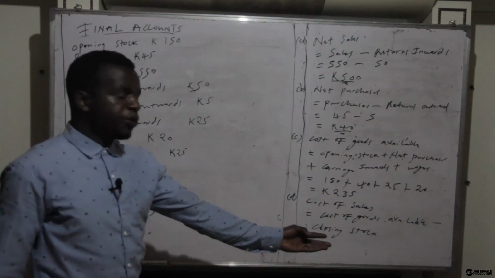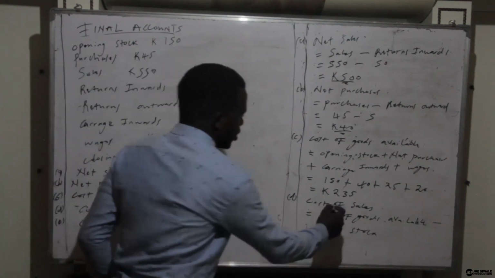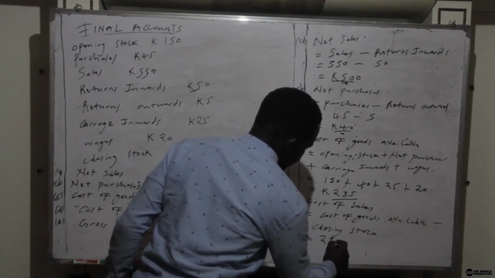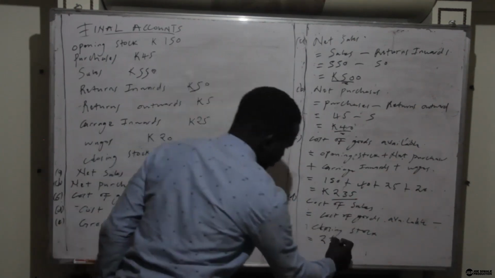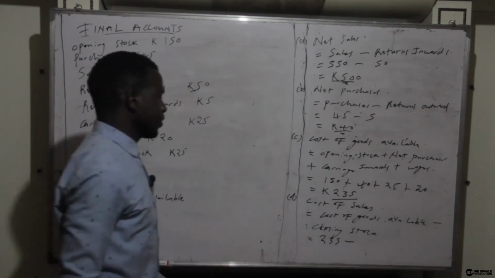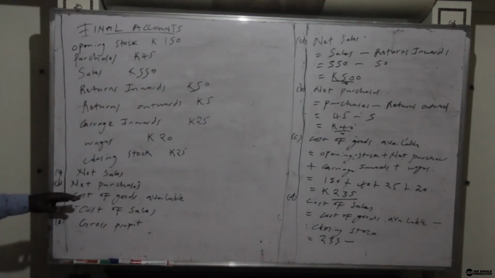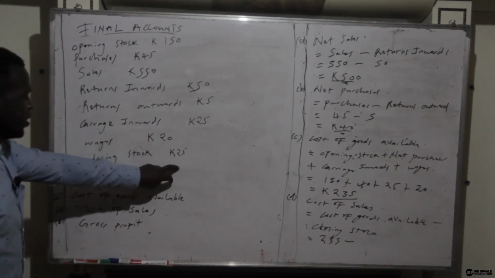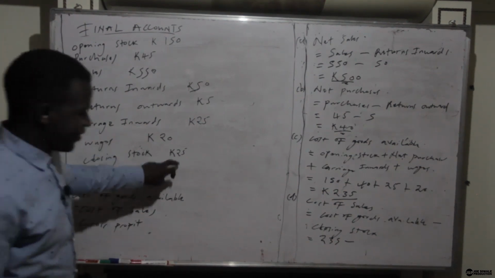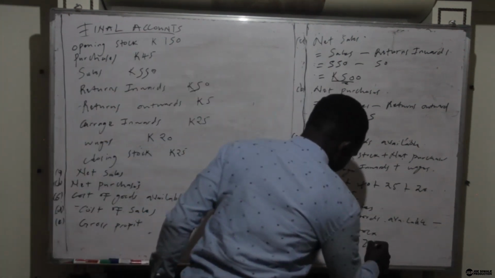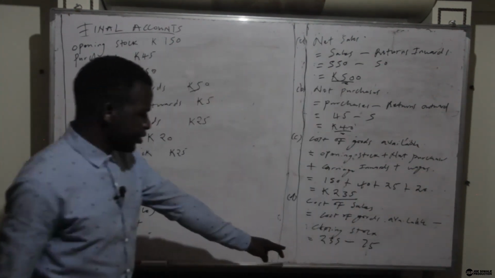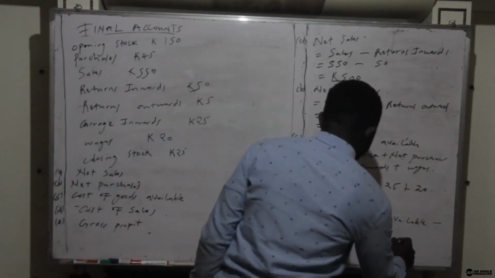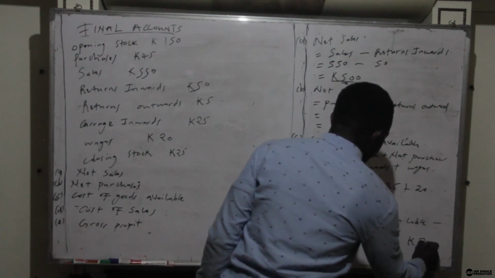Cost of goods available we had calculated as 235. So we'll say 235 minus closing stock. Closing stock we have in our question, which is 25. So we can say 235 minus 25, our cost of sales is going to be equal to 210.